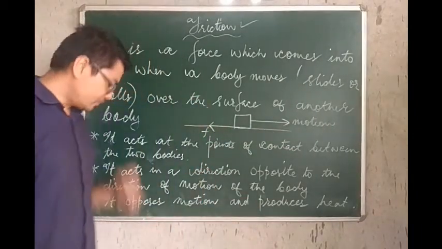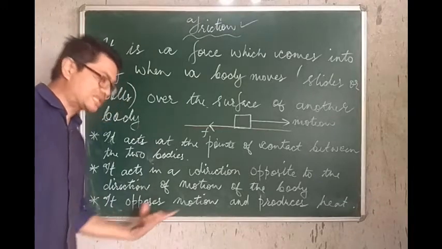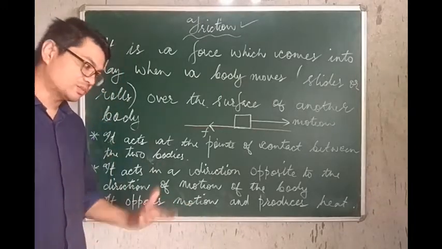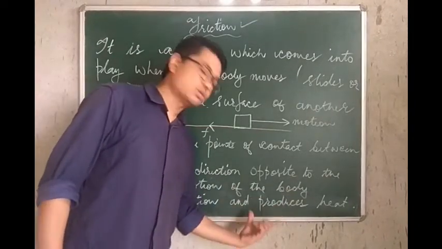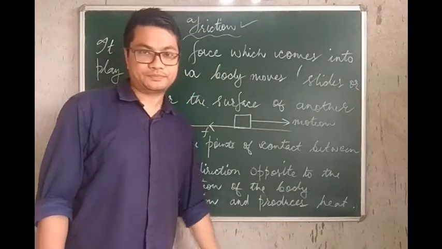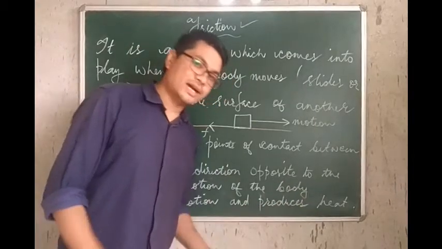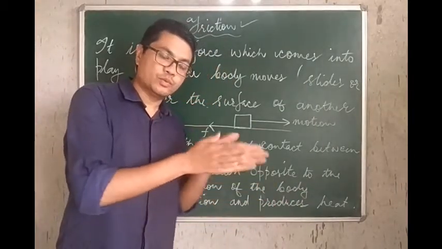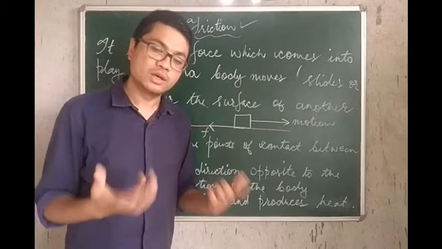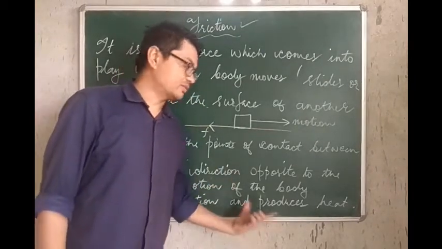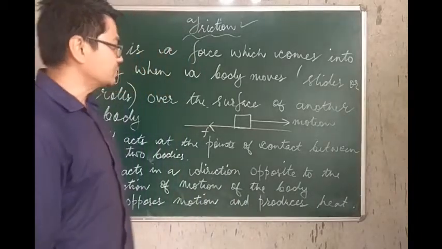Thereby remember, friction always opposes motion. And a basic fact about friction, friction also always produces heat. We know this fact when we rub our hands, we've experienced it, we start feeling warm. That is of course because of friction producing heat.